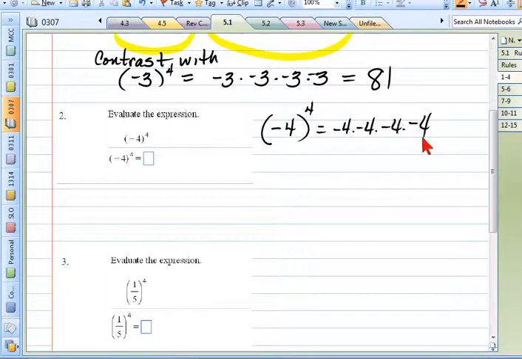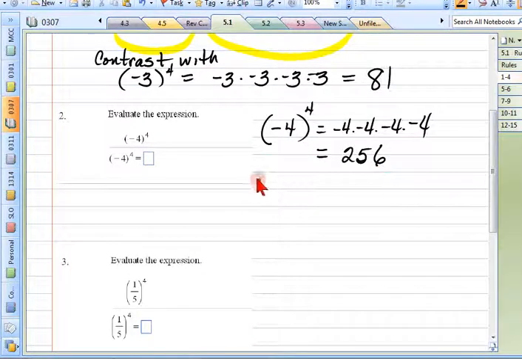I have 4 negatives, so will my product be positive or negative? Positive. And it's 4 times 4 is 16, times 4 is 64, times 4 is 256, and it is positive.